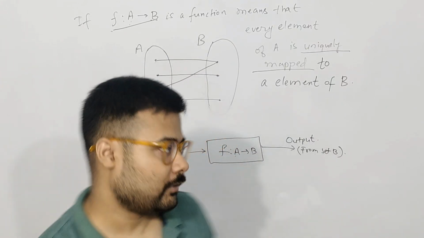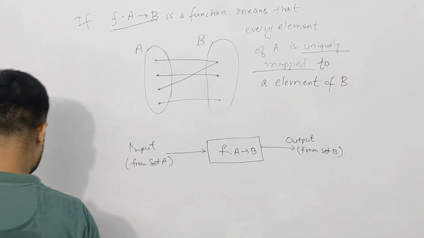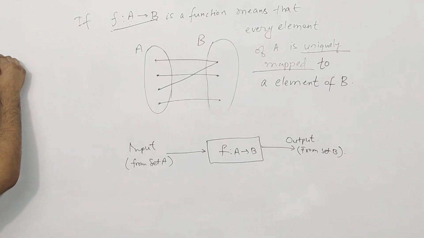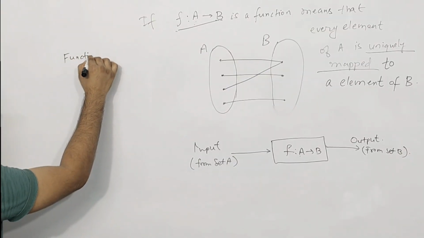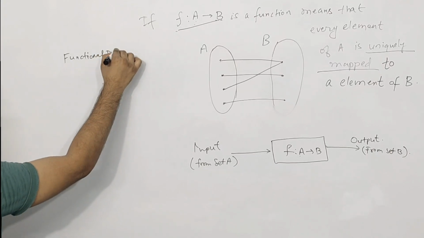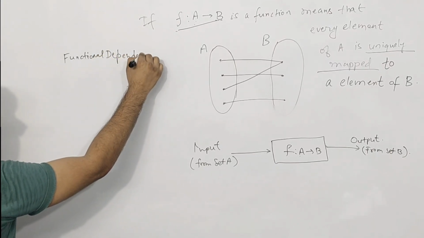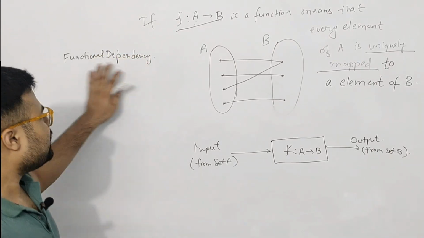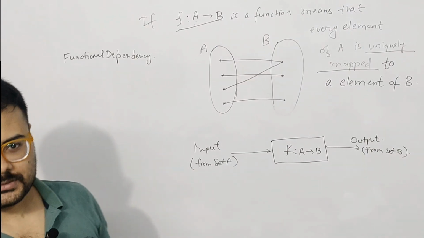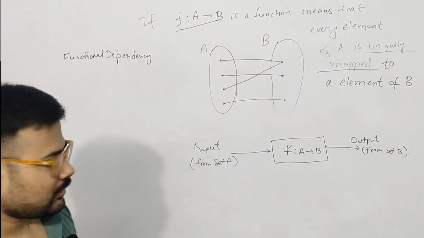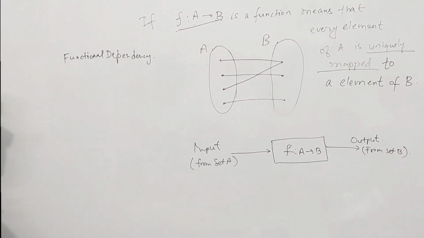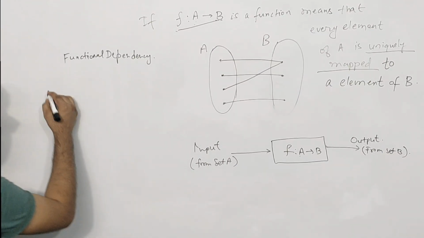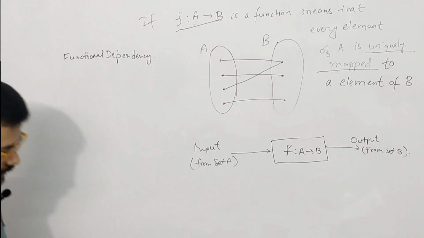There you will see something called functional dependency. We will see it in the database subject, but I will give you a little insight. In database, there's a relational model.